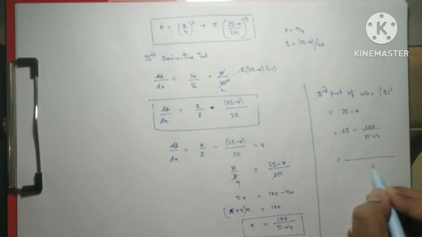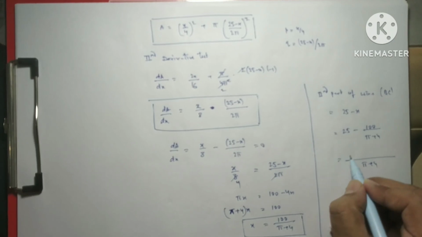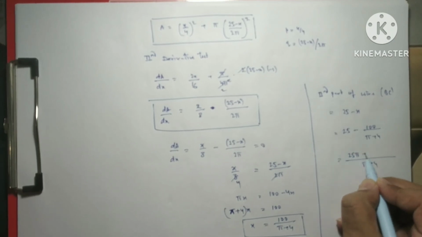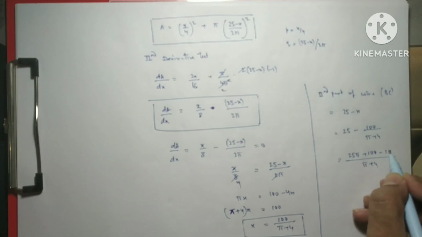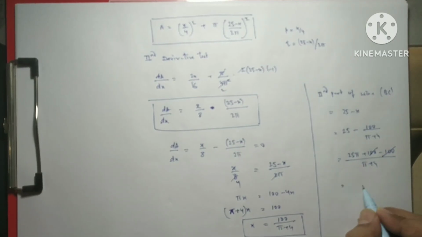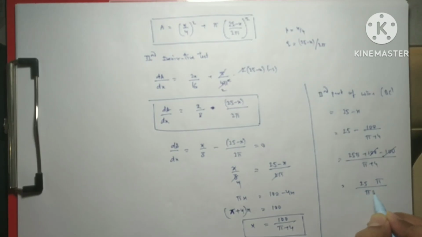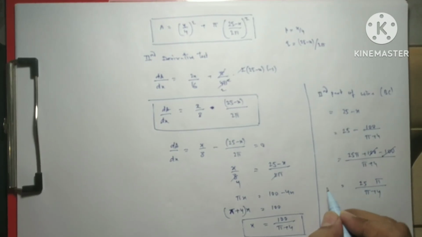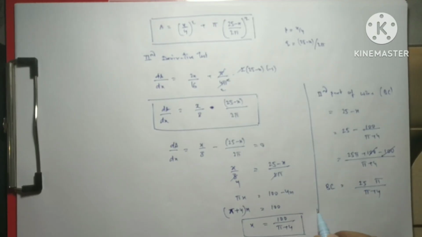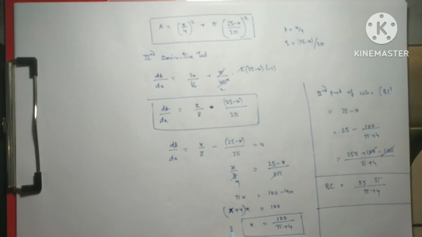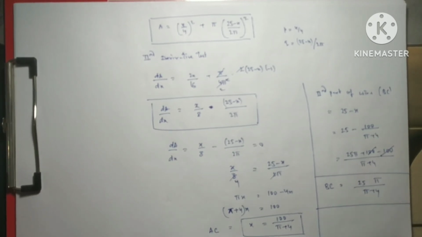On taking LCM, pi plus 4, we get 25 pi plus 100 minus 100. So cancel out, we get 25 pi over pi plus 4. So it is the length of the second part which is converted into a circle, and the first part, AC, is the square. So these are the lengths of this wire.